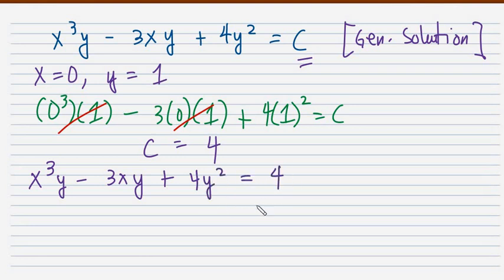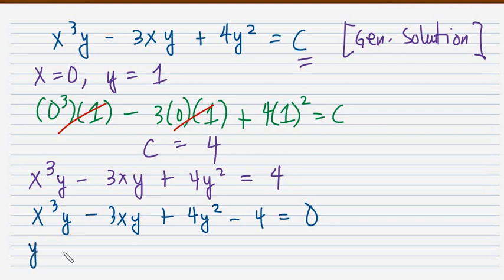Okay, so I always prefer that my answer is equated to 0. So x cubed y minus 3xy plus 4y squared minus 4 is equal to 0. Now, that could be the final answer, or here we have y as our common term, x cubed minus 3x, or we simply factor out x as well.